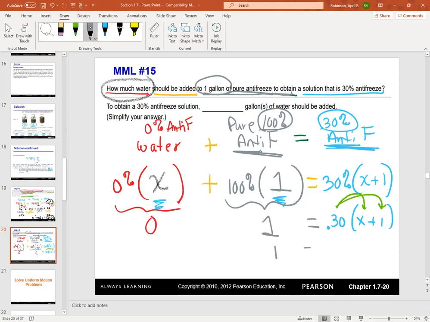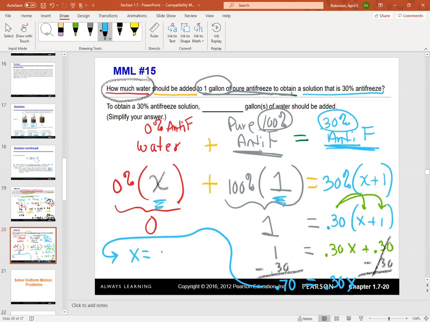So I have 1 equals 0.30x plus 0.30. I subtract 0.30 from both sides, and it cancels out there. 1 minus 0.30 is 0.70, which is equal to 0.30x.